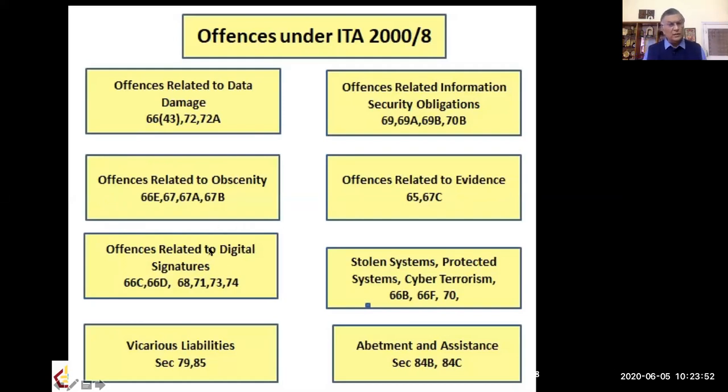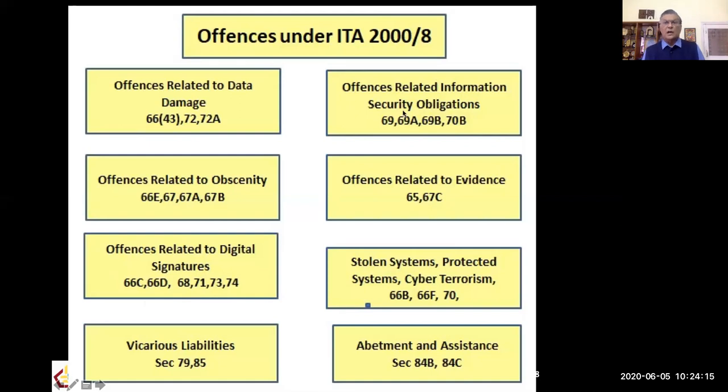Then offenses related to digital signatures, 66C and D are impersonation and forgery. Then 68 is for certifying authorities, controller of certifying authorities, regulating the certifying authorities. 71, 73, 74 for somebody taking a false digital certificate for fraudulent purposes.